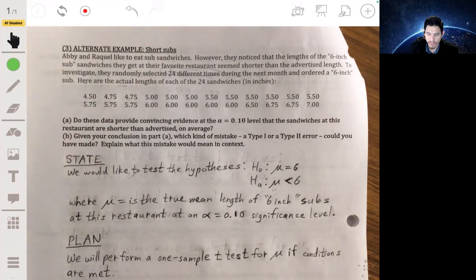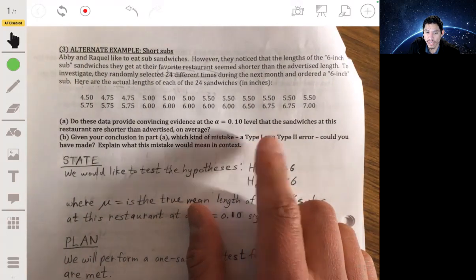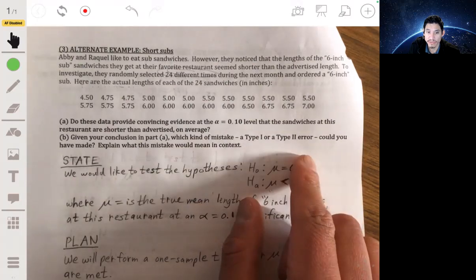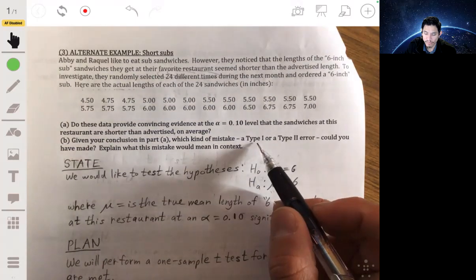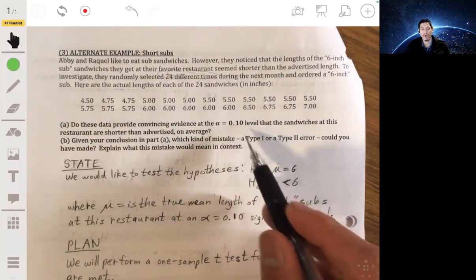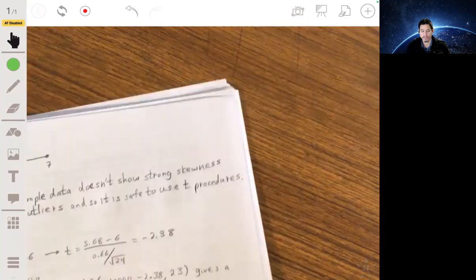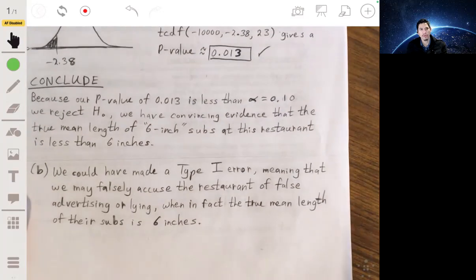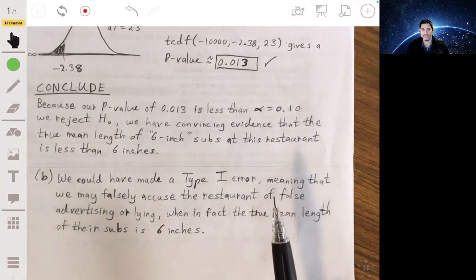So remember, a type 1 error is when you reject H0 when H0 is true, and a type 2 error is when you fail to reject H0 when the alternative is true. So since we rejected H0, that means that we could have made a type 1 error. In other words, it's possible that H0 is true, which means that their actual true mean length was 6 inches.